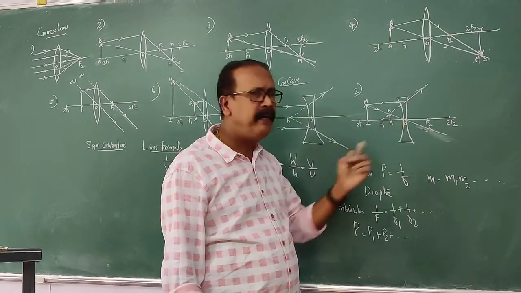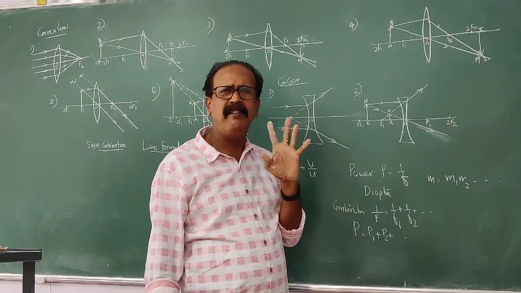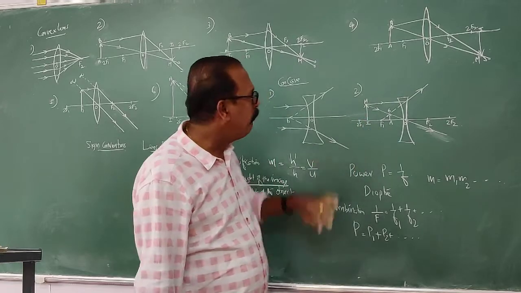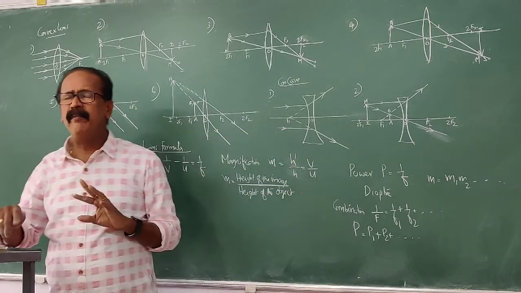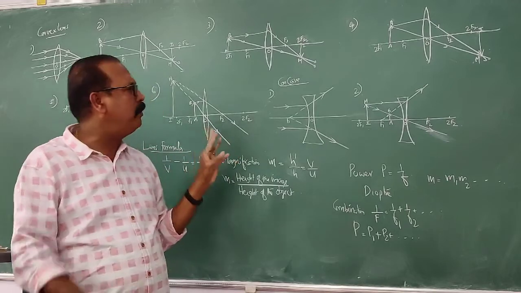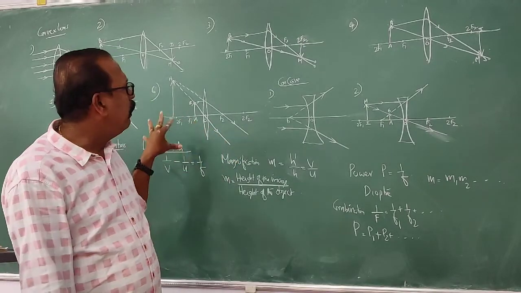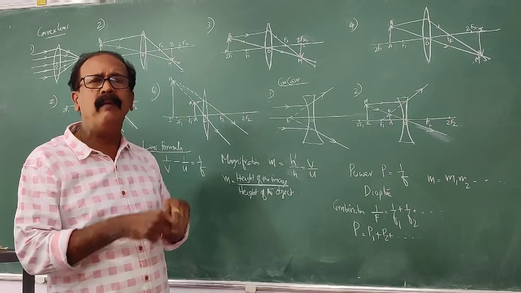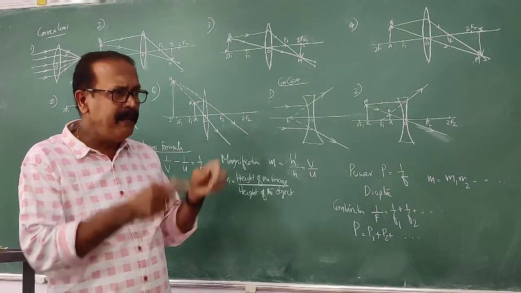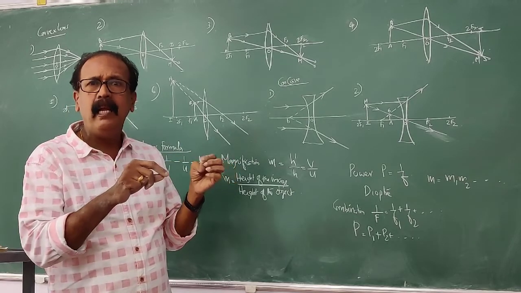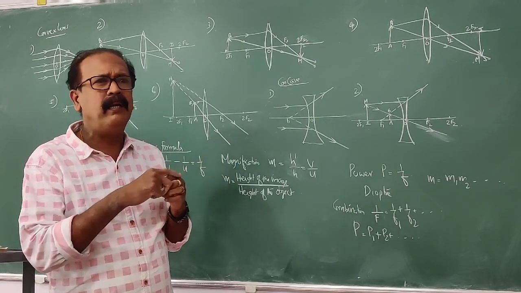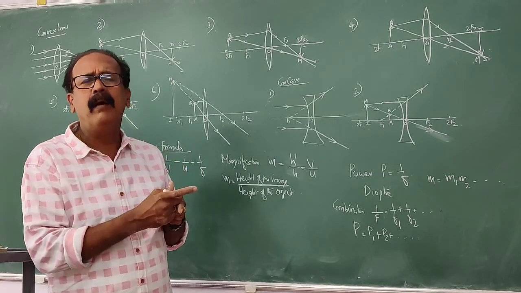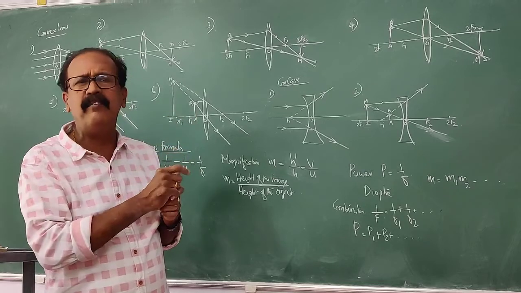When the object is anywhere between infinity and optic center, you get an image between focus and optic center. Between F1 and O, it's a diminished image, not point size, but virtual and erect image will be obtained. So draw all these image positions, studying the chart well and drawing ray diagrams. If you are using a compass, scale and pencil, it will be much better, so that you can take the distances and the curvature of the lens correctly.